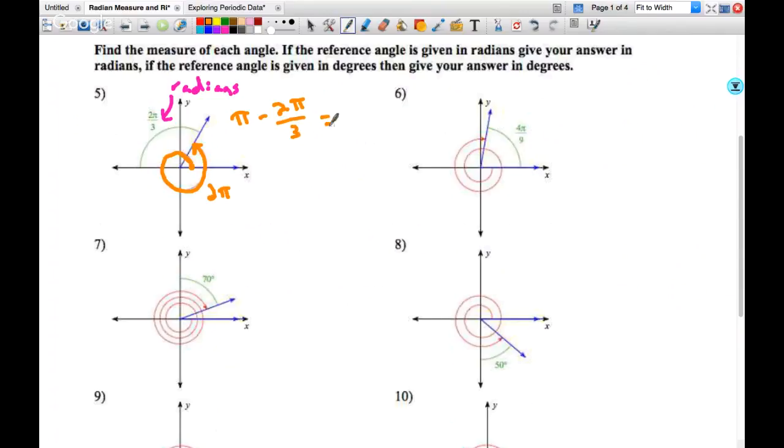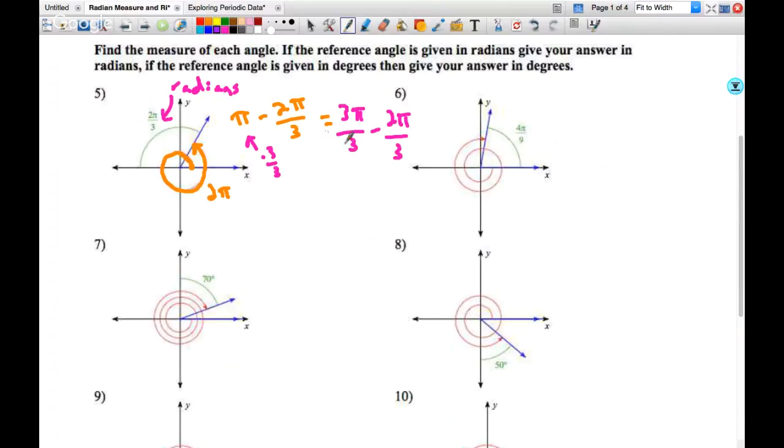Let me actually do the fractions. That pi, I'm going to multiply it by 3 over 3, so I can get a common denominator. So now I've got 3 pi over 3 minus 2 pi over 3.